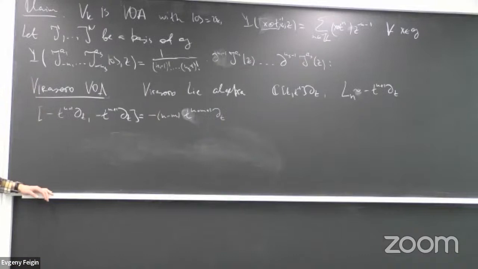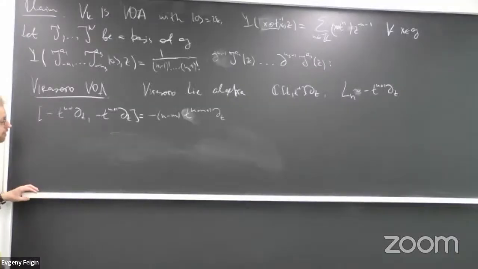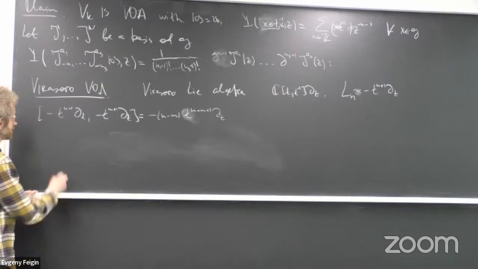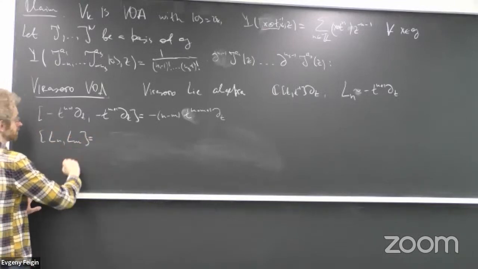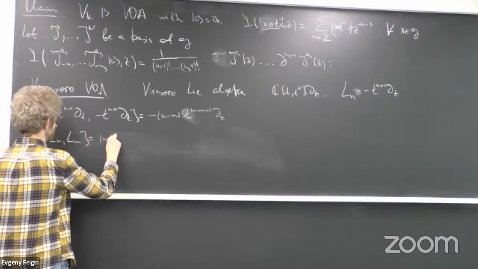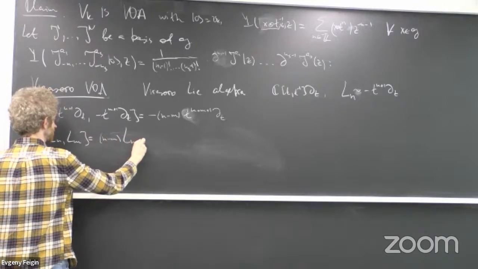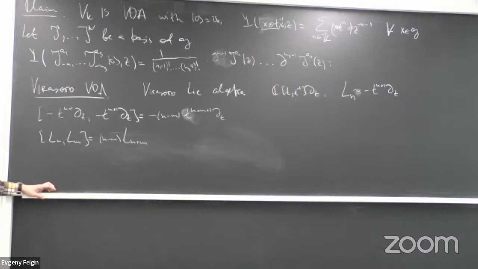So I wrote down the formula. Does it agree with your computation? Yes. Very good. Then we can rewrite it in terms of Ln and Lm, saying that this is n minus m times L n plus m, and this is the so-called Witt algebra.